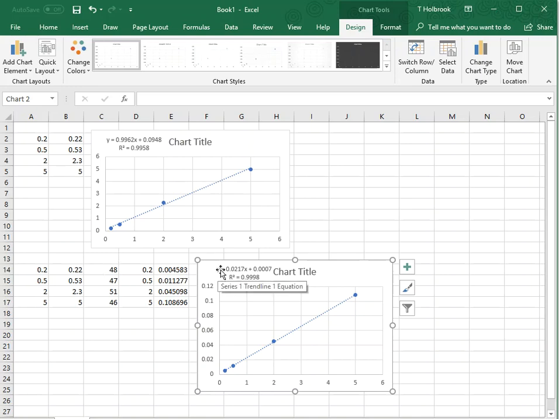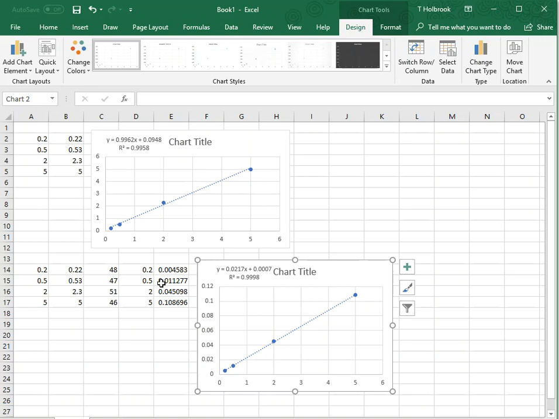So the y equals mx plus b, you cannot compare those with each other, right? They should not be identical. They're telling you different stories because we're plotting different numbers. The x values are the same, but the y values are drastically different: 0.22, 0.53, 2.3, and 5, versus 0.04, 0.11, 0.45, and 1.08. They're not going to give you the same y equals mx plus b.